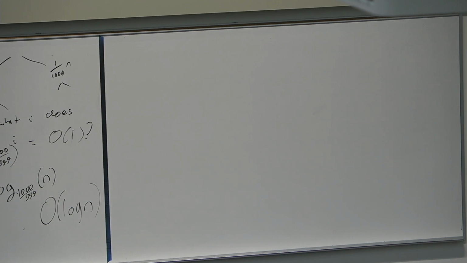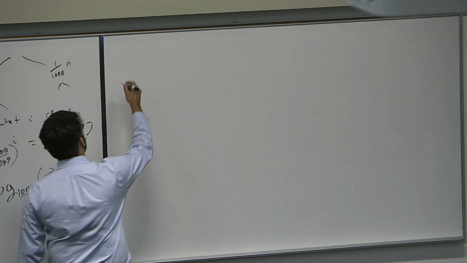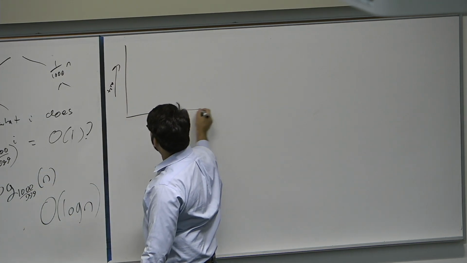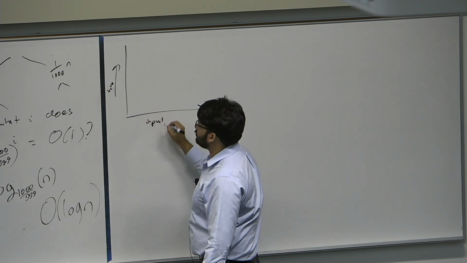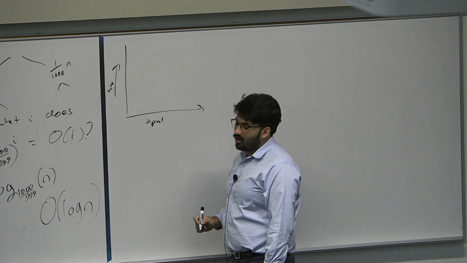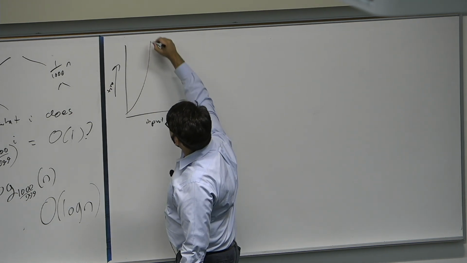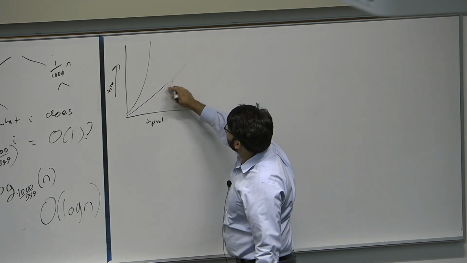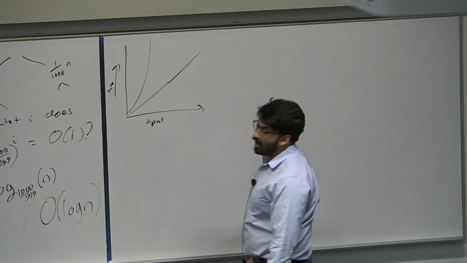So if you were to think about a picture, suppose you were plotting the time it takes, and you were plotting the inputs in some way, not just by size, but the actual inputs themselves, right? N squared would be like this, and then n log n would be kind of like that. It's actually slightly better than linear, right?